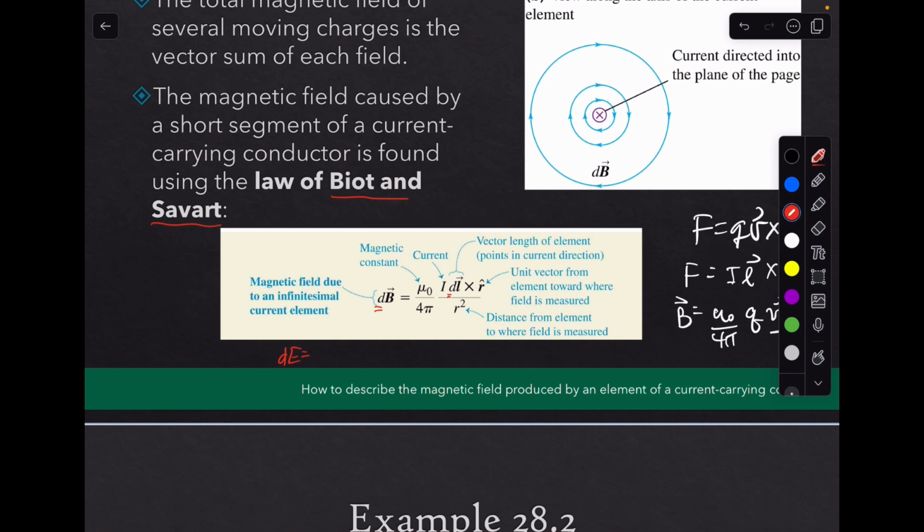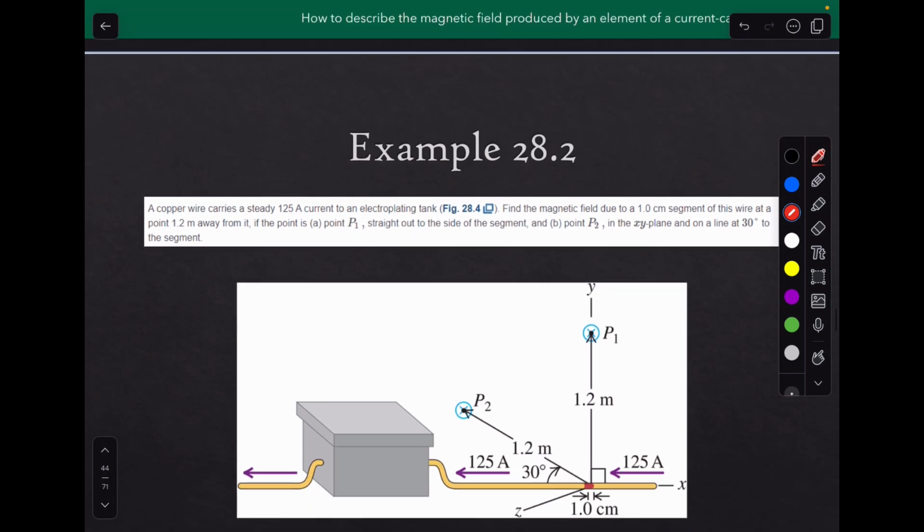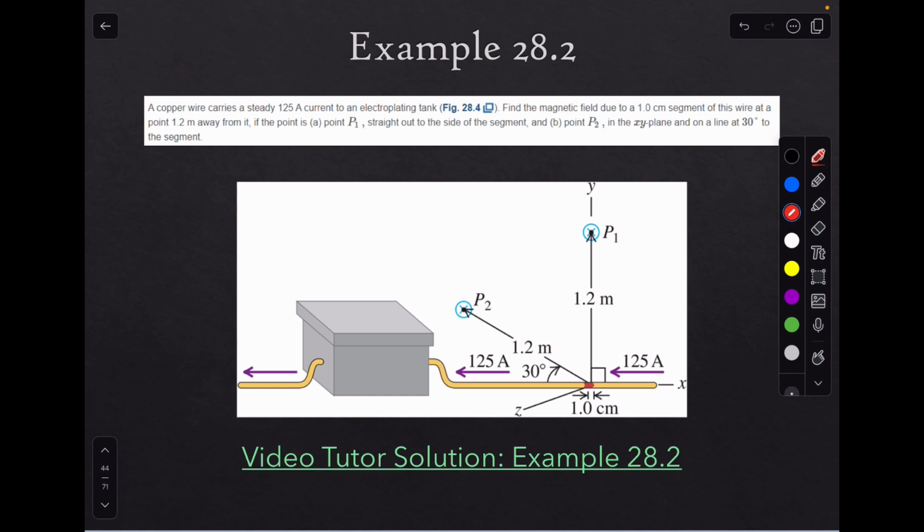These little differentials are basically telling us that in order to find the total field due to the entire segment, we will need to do an integral. So I'm not going to make you guys do an integral. Don't worry too bad about that. We're going to skip the integral stuff just for the sake of time.